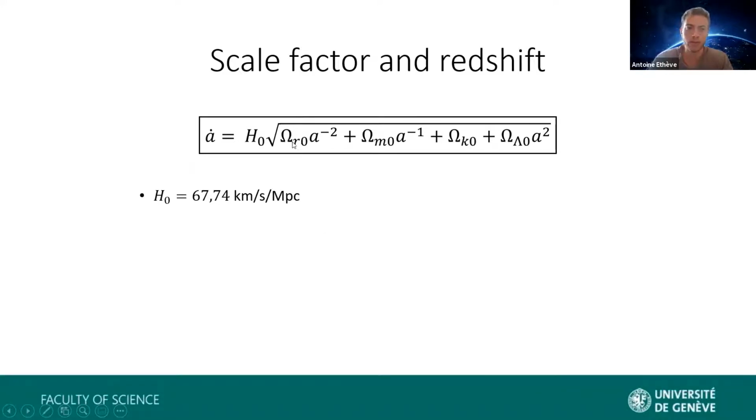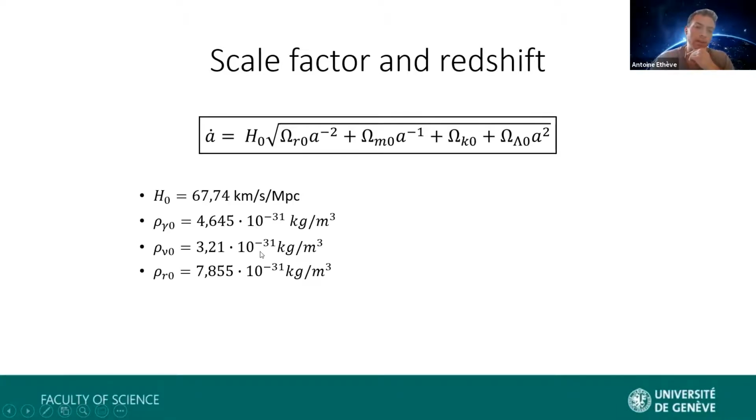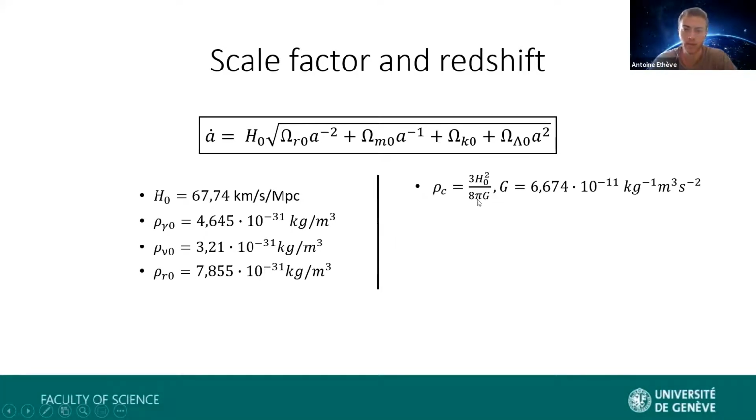So we define the radiation density parameter from the energy densities of photons and neutrinos. Robertson gives the radiation energy density. And then we have to divide by the critical density given by this expression, where G is Newton's gravitational constant. So the ratio gives the radiation density parameter.